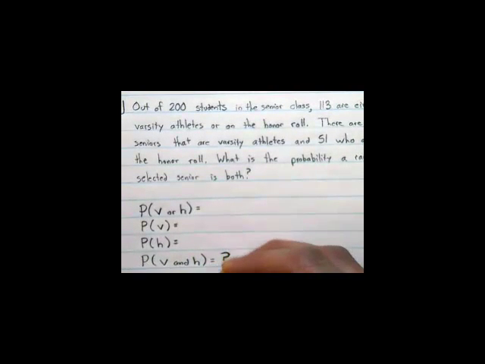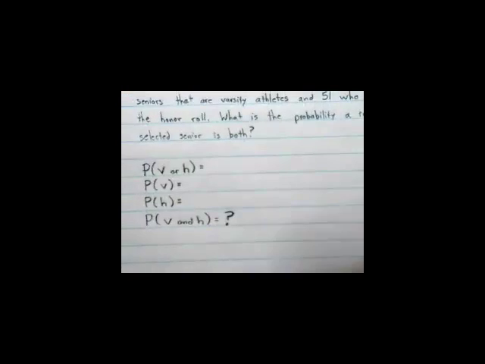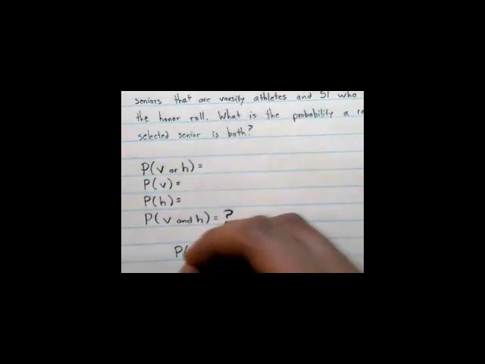Okay, so for a second, this situation, is this disjoint or is this overlapping? Definitely overlapping. You can be both, right? You can be a varsity athlete and you can be on the honor roll. So we're going to use the overlapping equation that we talked about, which I will jot down here.